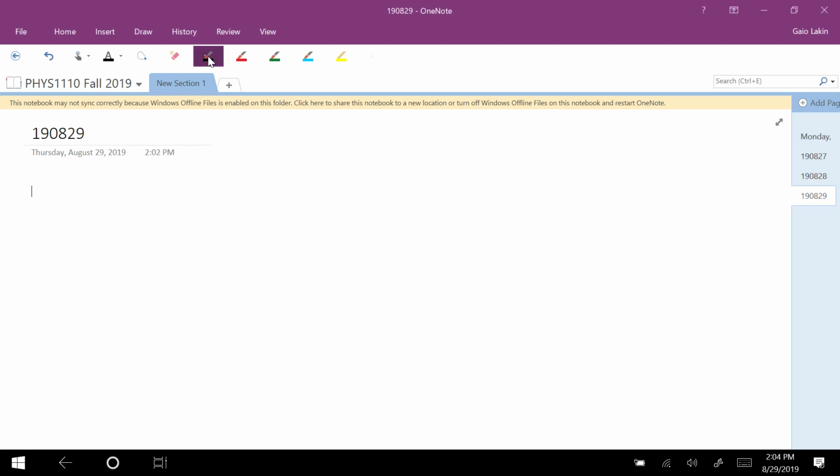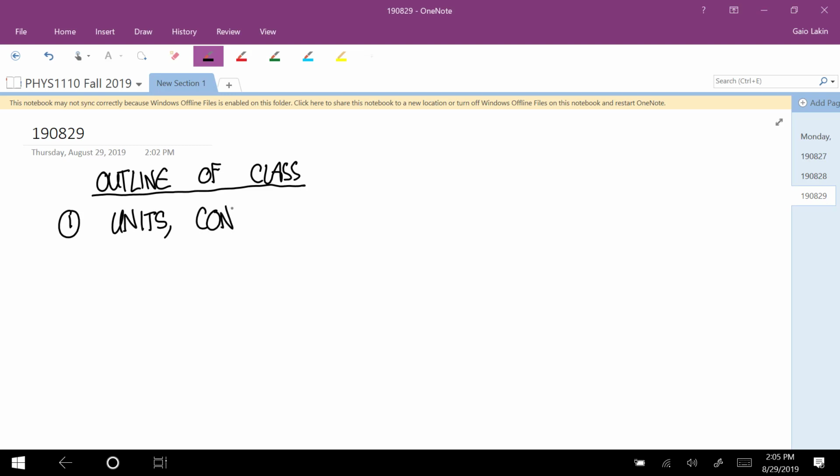Okay, so here's an outline of the class. We're going to start out by talking about units, unit conversions, and scientific notation.